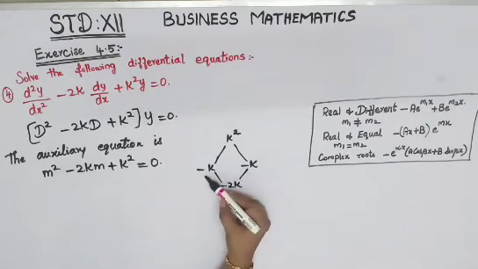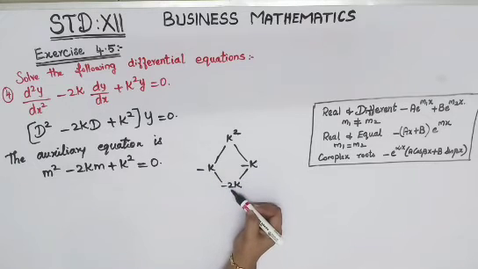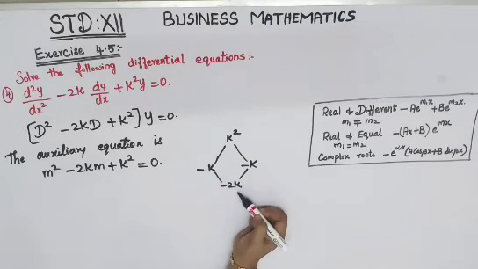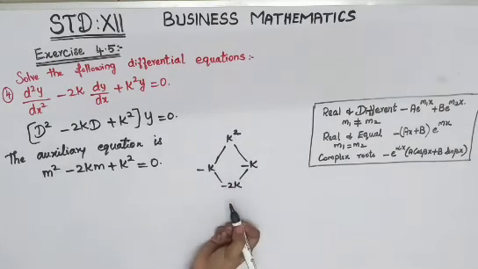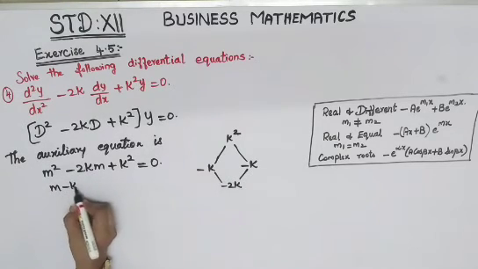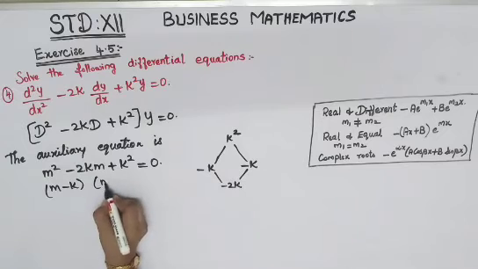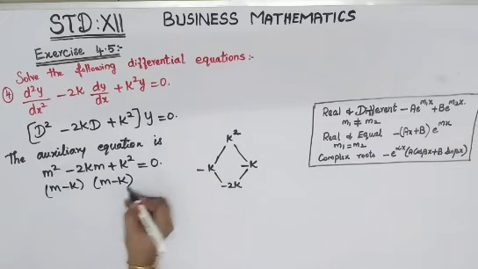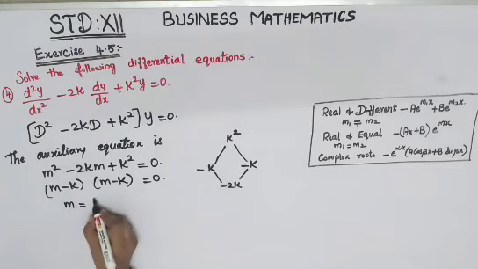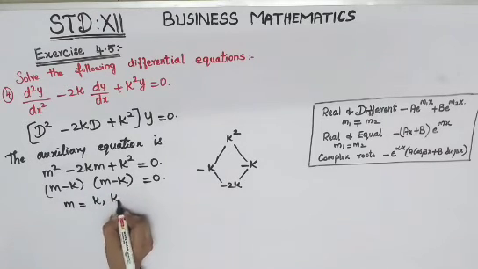Again when you are adding both minus only, so add and put the same sign. So when you are adding 1k and 1k it will become 2k. Sign is minus, so you can put minus 2k. So the condition is satisfied. So you can write it as m minus k, again m minus k, which is equal to 0. So therefore you can get your value m is equal to k comma k.